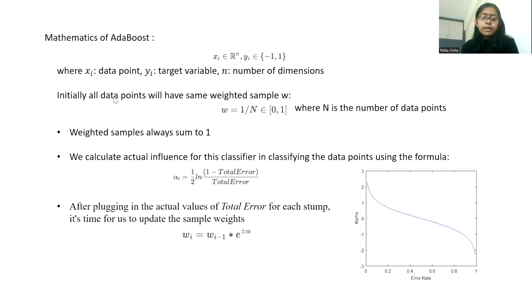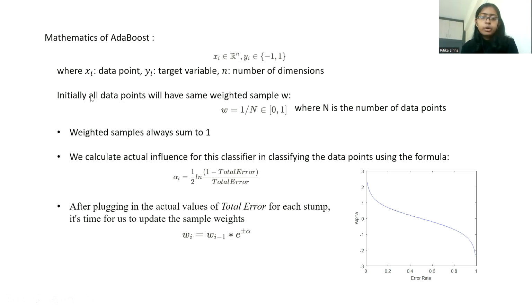Now we calculate the weighted samples for each data point. AdaBoost assigns weight to each training example to determine its significance in the training data set. When the assigned weights are high, that set of training data points are likely to have a larger say in the training set. Similarly, when the assigned weights are low, they have a minimal influence in the training data set.